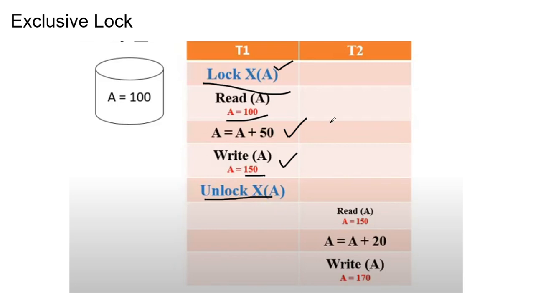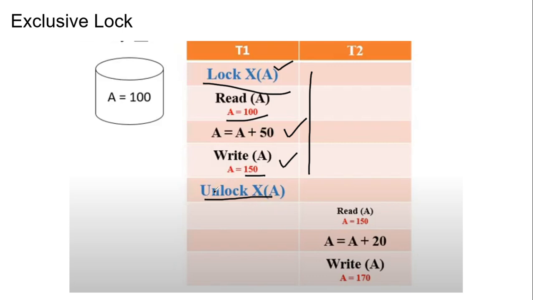When you analyze this transaction, in this whole period of time no other transaction is either accessing or manipulating the data. This means that if a data item is under an exclusive lock, other transactions won't be able to read or write the data. Both cannot be done. If any transaction needs to access or write the data, or both, an unlock has to be performed.